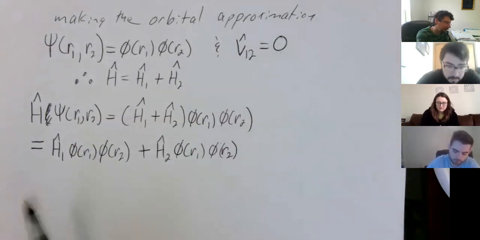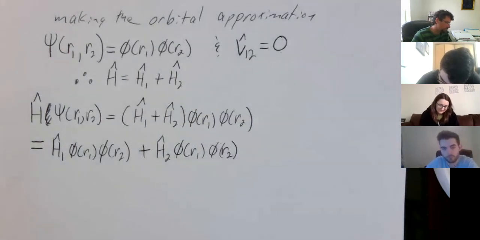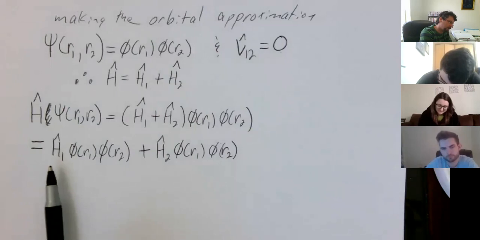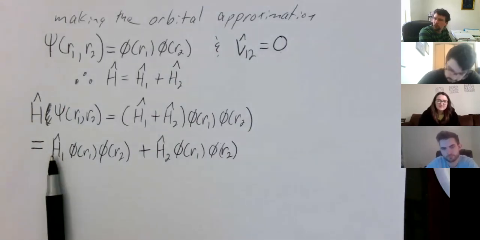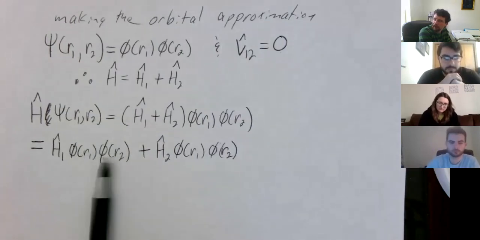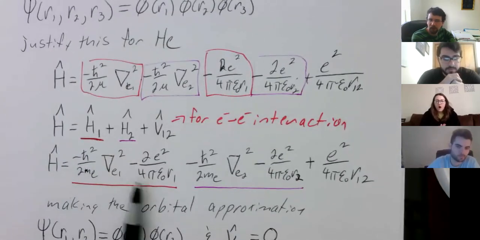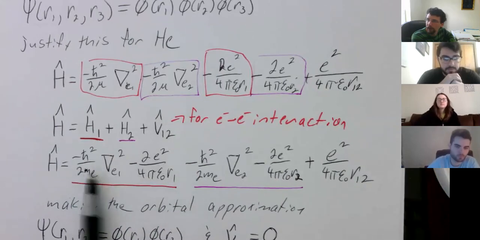Okay, can we simplify this in any other way? What can we do now? If we have the H1 operator, is it going to act on this function at all? No, because it's not relying on that radius. Right. So if we look back up at this H1 and we look at the operator for it, it only depends on electron number 1.